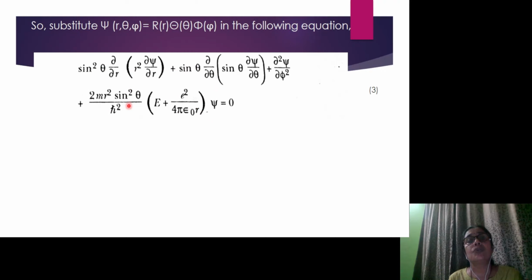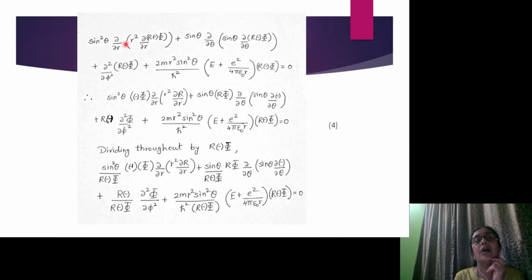If we substitute for psi in this equation, then what do we obtain? Just have a look. In place of psi, I have substituted R Theta Phi. In place of psi, here also just R Theta Phi. So wherever there is psi, I have just substituted R into Theta into Phi.